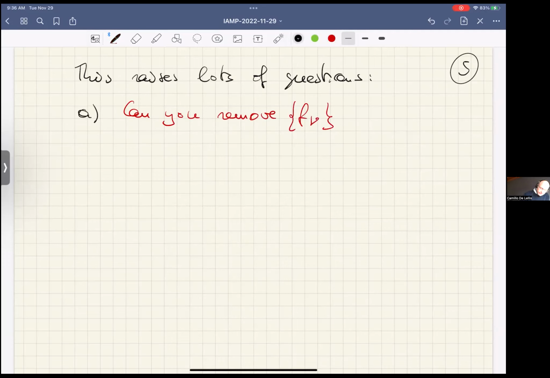Okay, maybe you cannot remove F nu. So let's say the best next question is, can you keep it at least fixed with the viscosity? So can you make F nu nu independent? Okay, if you make nu independent, you might probably have issues because it cannot be maybe too smooth.